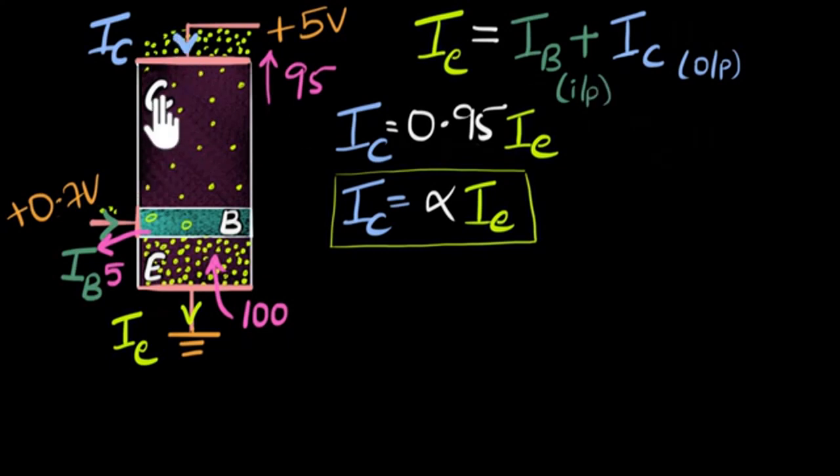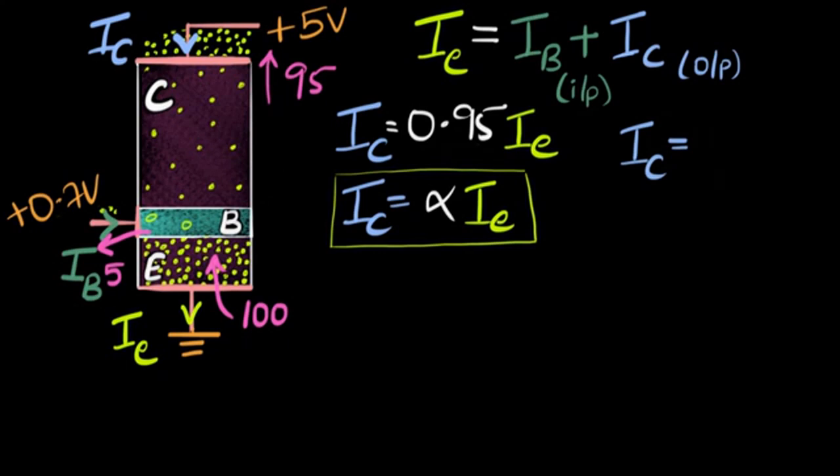And we can see that connection again from these numbers. You see, in our example, IC is how many times more compared to IB? Well, IC is 95, IB is 5, so 95 divided by 5 is 19. So we see that IC is 19 times more than IB, because 19 times 5 is 95, right?